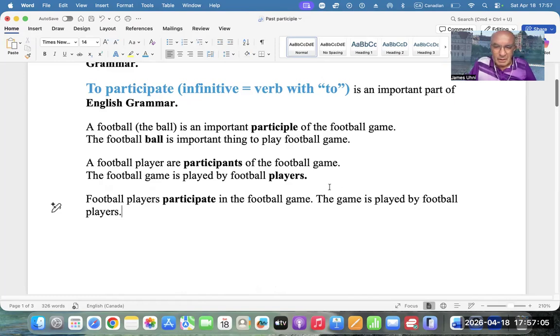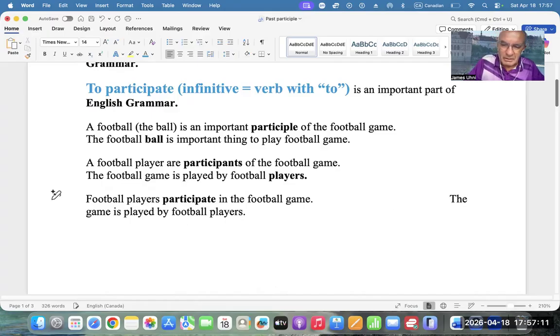Now, I will again push it underneath to make sure we understand each other. And again, football players participate. The game is played, okay? Or the football players play.